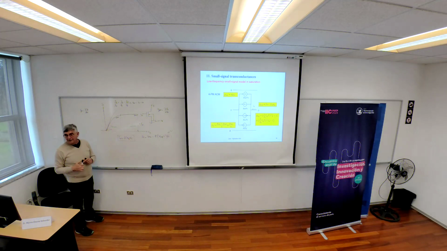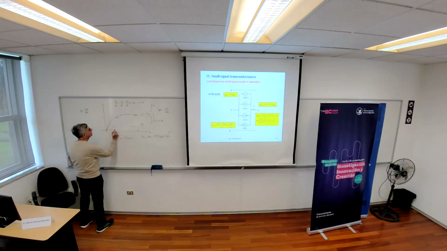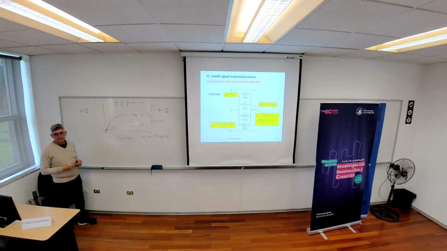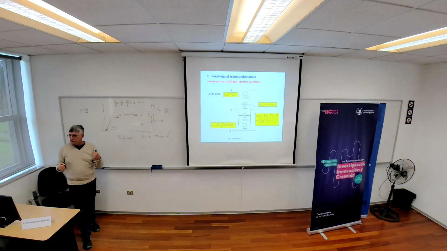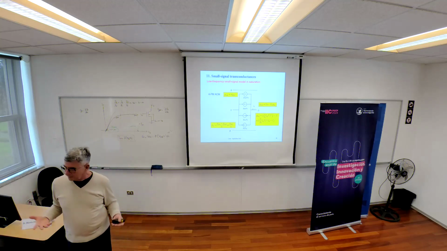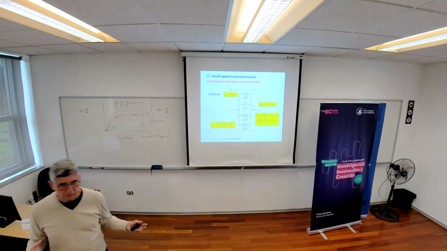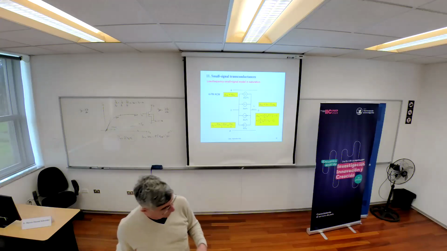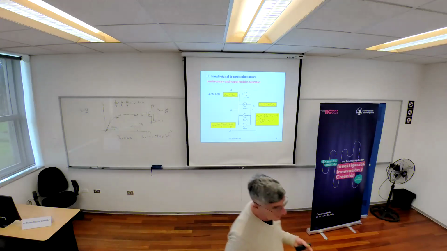But look here, at the origin, what happened? The transistor is symmetrical. What's the meaning? It doesn't matter if you change the source or the drain. The variation of the current will be the same if you change source or drain by the same amount.